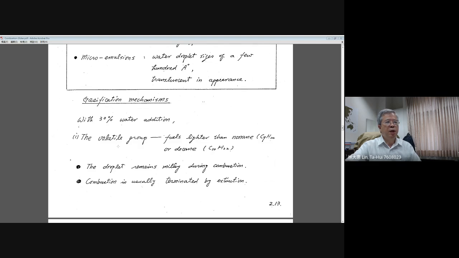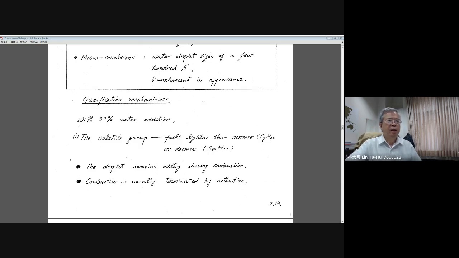That means we mix water with lower boiling point liquid fuels, fuels lighter than C9 and C10, for example C7 or C6. They have a lower boiling point compared with, for example, C16. This is a group of liquid fuels that is easier to evaporate.